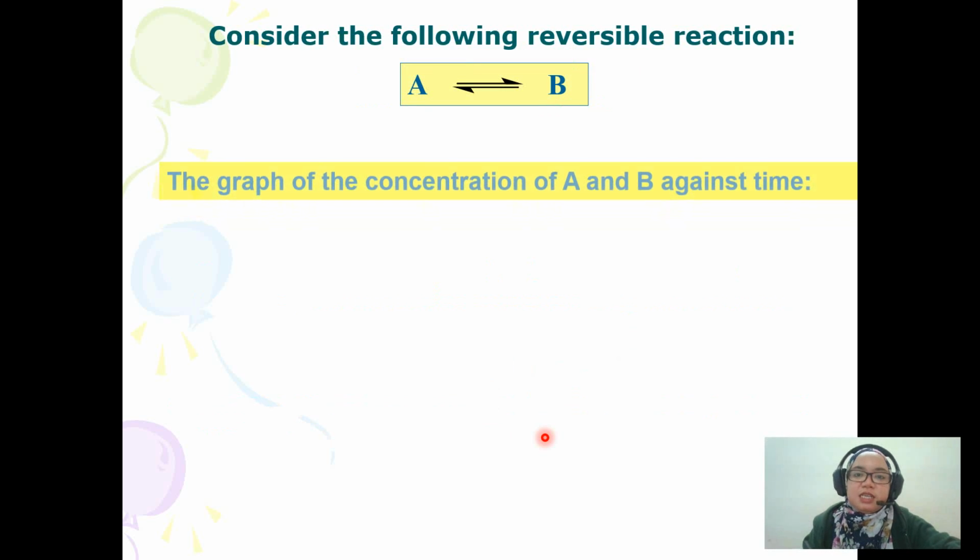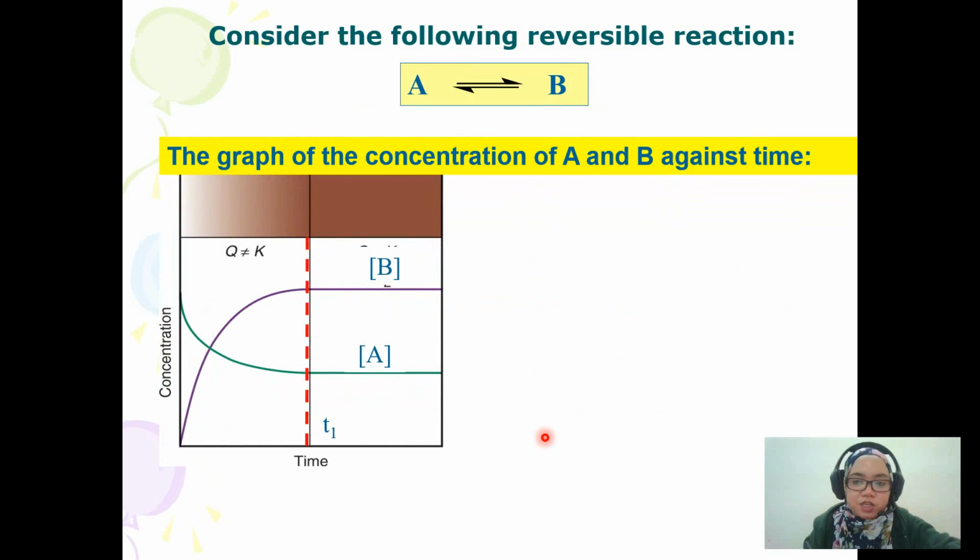So reactant molecules are formed from product molecules. Okay, so let's consider the following reversible reaction. So we have A reacting to form B. Okay, so the graph of the concentration of A and B against time. In this reversible reaction, you will often see this kind of graph, concentration versus time.